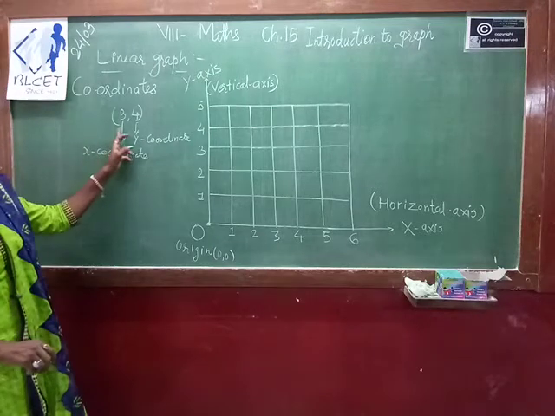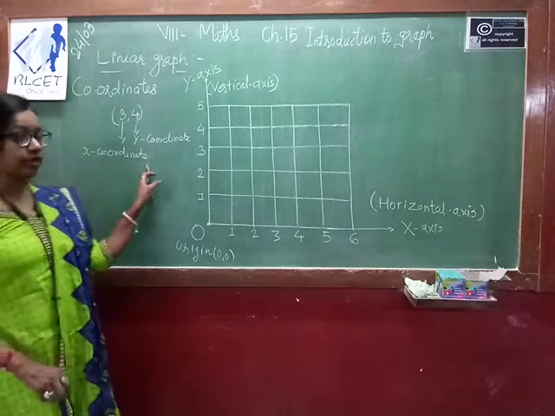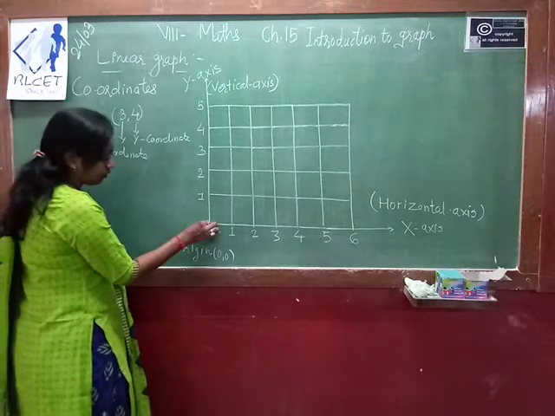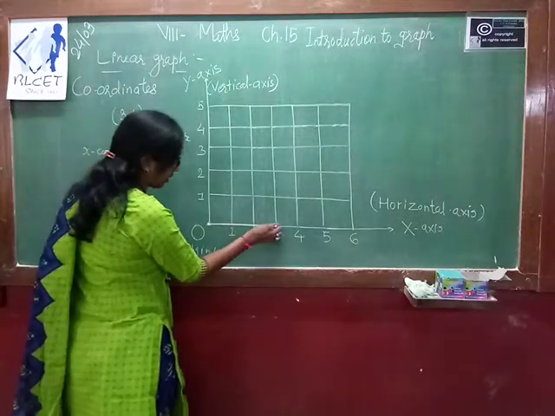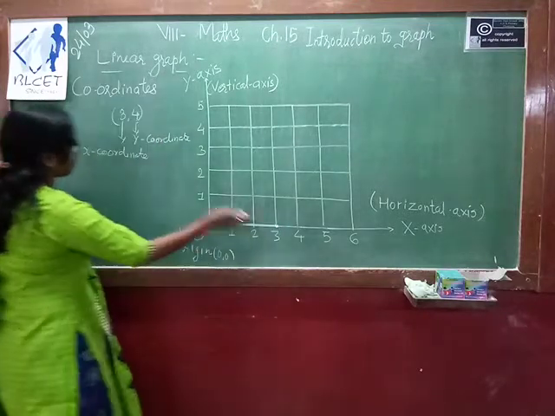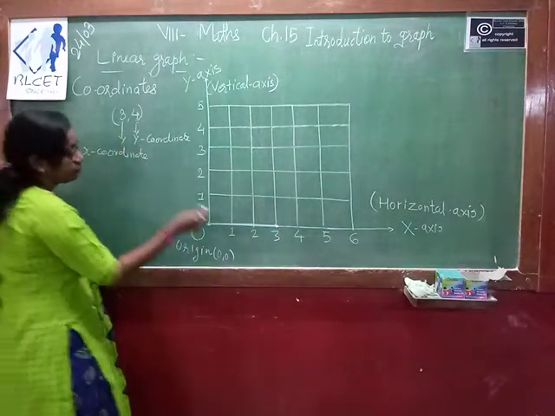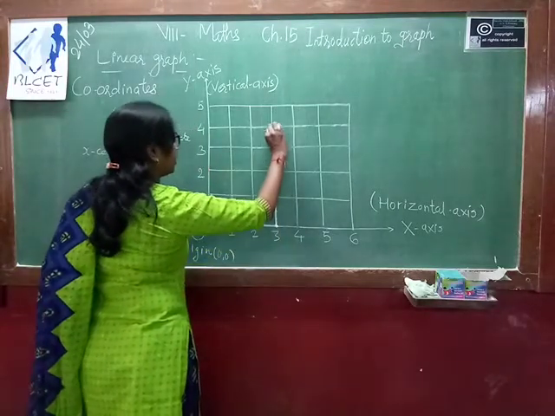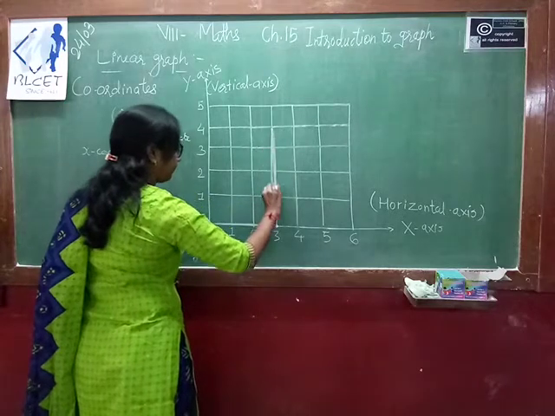So 3 on x coordinate means 3 units we have to consider on the x-axis. From 0 we are considering the 3 units, so you are reaching over here. Now from here, what is the y coordinate? 4. So from here we are moving in the upward direction till we reach 4.